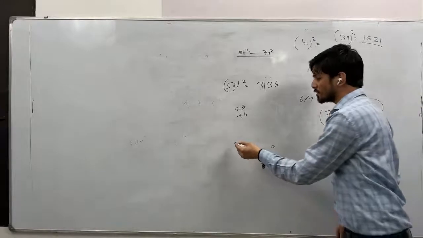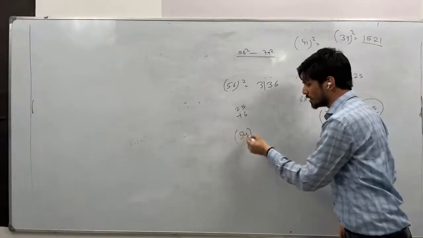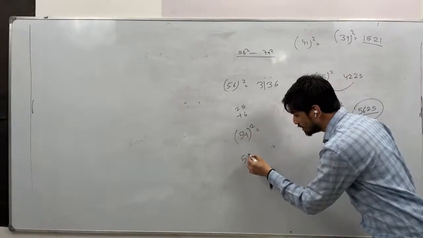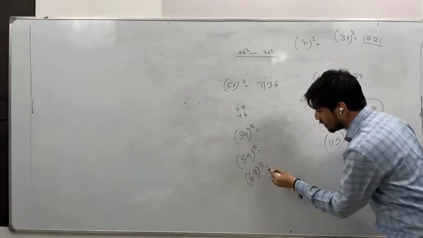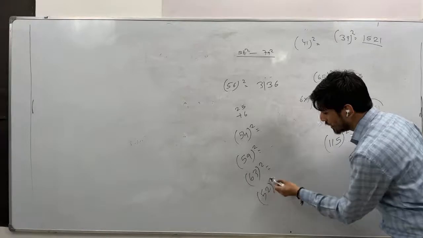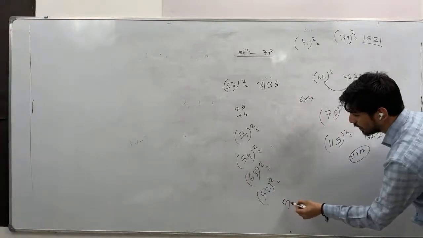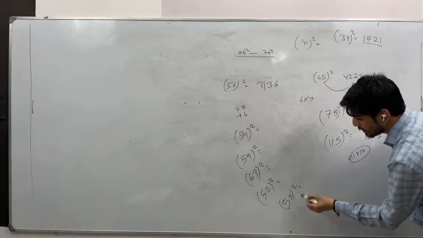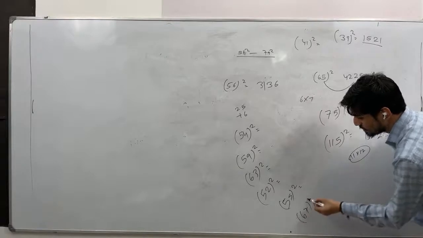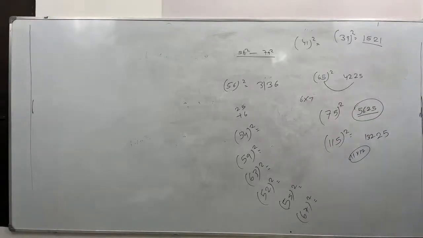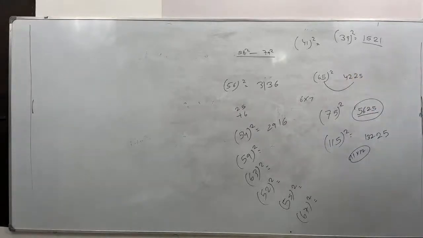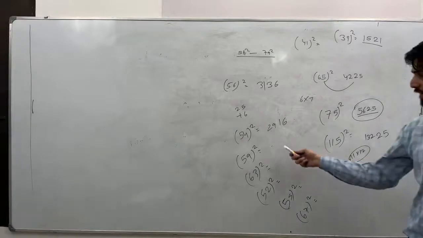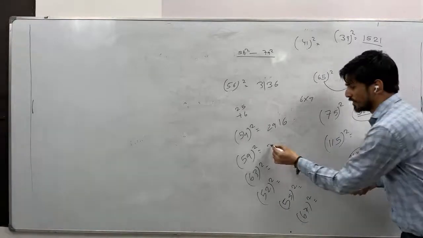Let's say I ask you to find 54 square, 59 square, 63 square and 52 square. Let's see how quickly you can answer. First one, 54 square, 2916. Very good. Second, 59 square: 9 square is 81, then 3481.